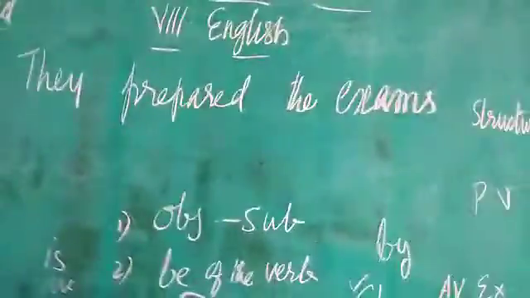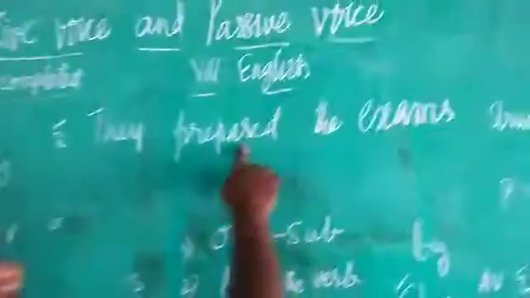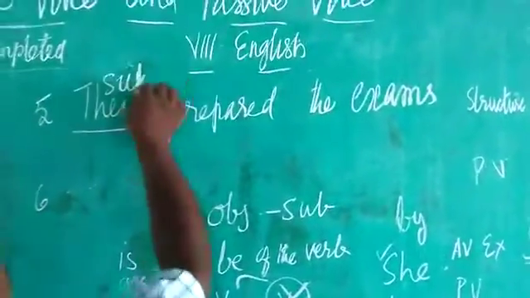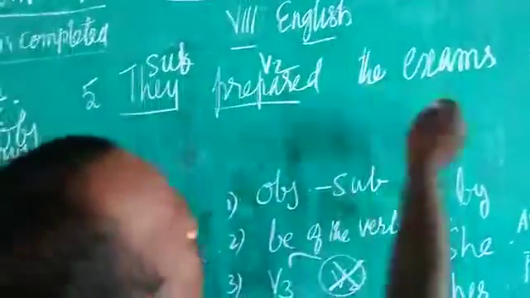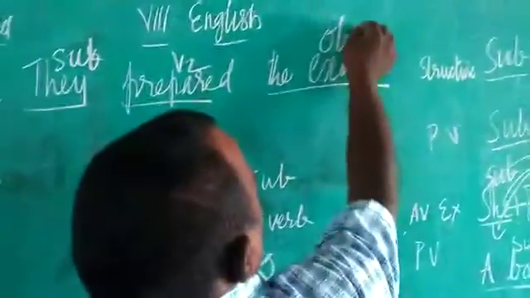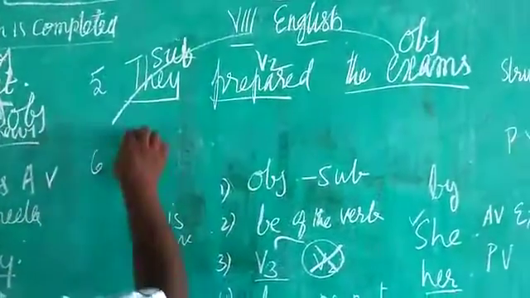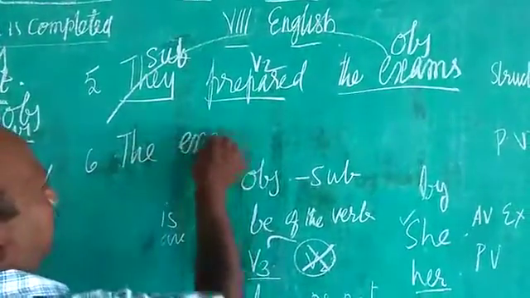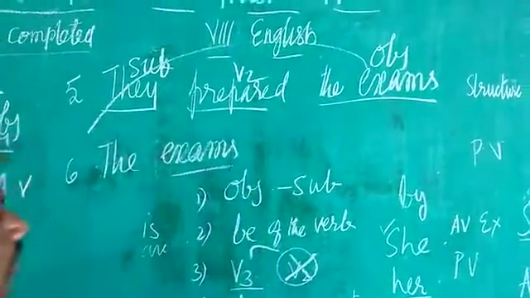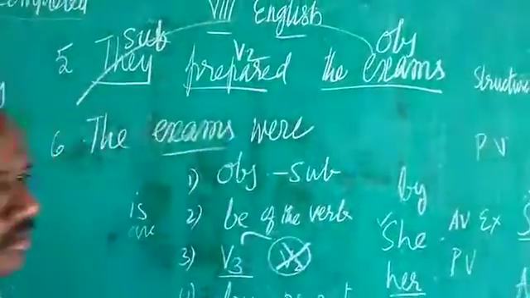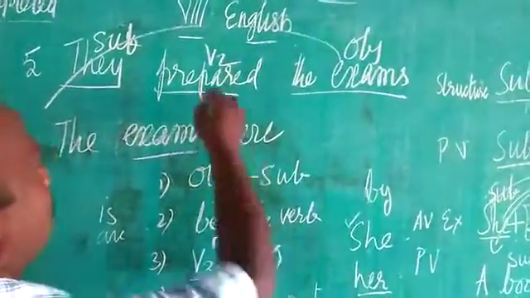We'll go with the last example for today. They prepared the exams. Subject, V2, and this is the object. Now bring the object to subject, that is, the exams. Is exam singular or plural, children? Plural. If it is plural, you have to take "were," right? This is V2.